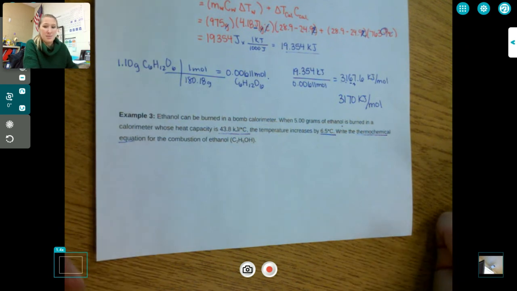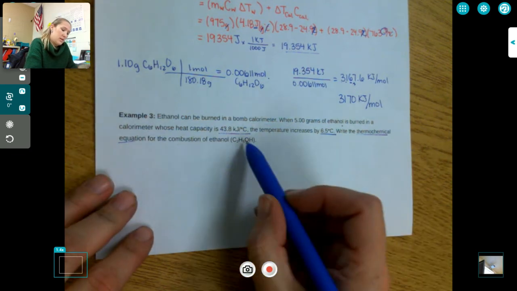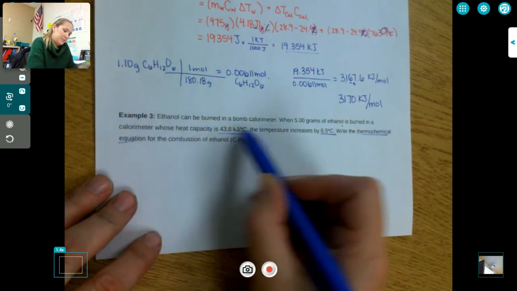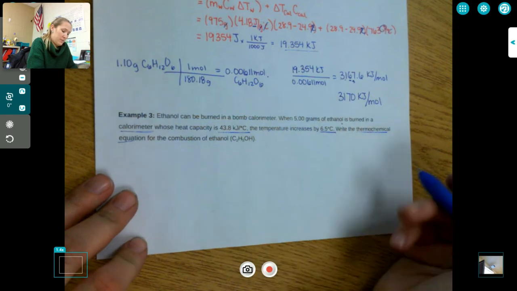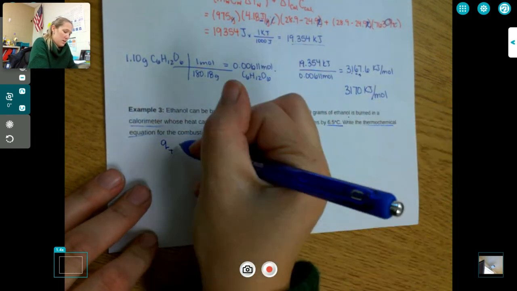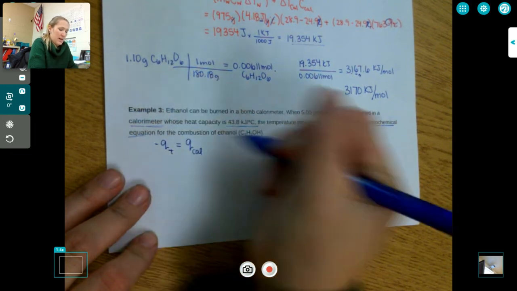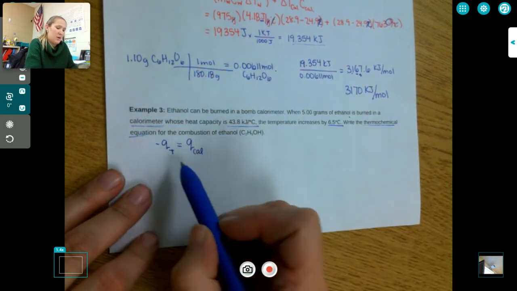So if it's combusting, that means that I'm probably not doing it in water because that would put it out. So all of the energy looks to be absorbed by the calorimeter. So that means that the total energy given off by my ethanol is equal to the energy absorbed by my calorimeter.